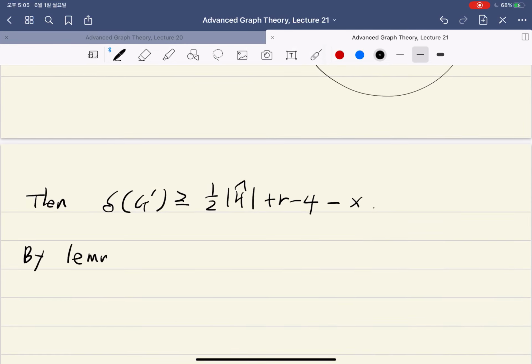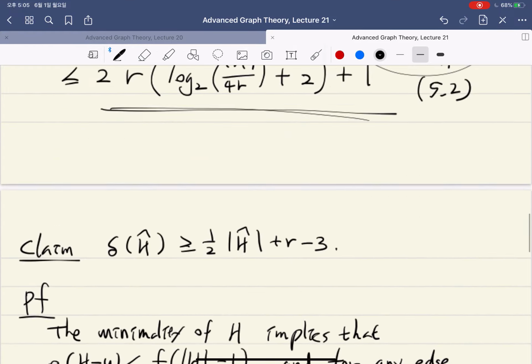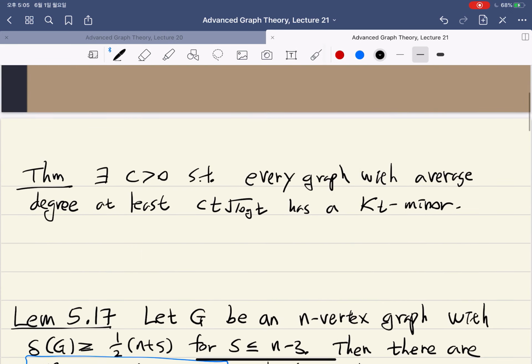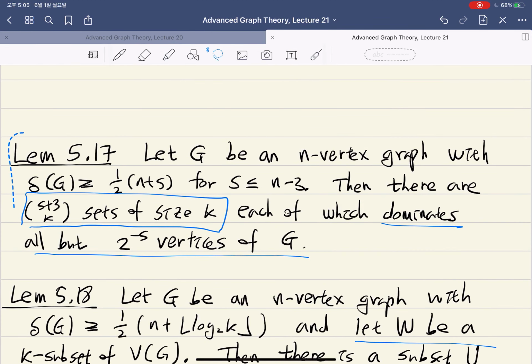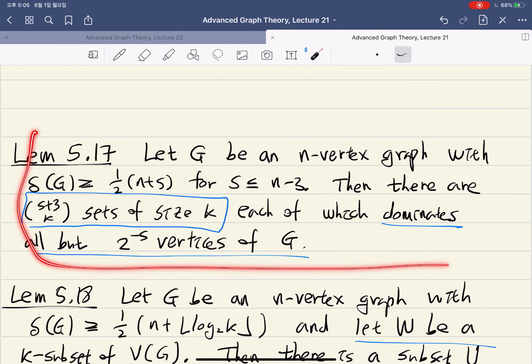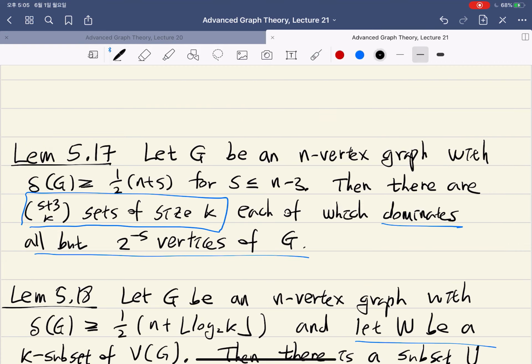So by lemma 5.17, from this lemma, what do we know? We have, so here half times s is r minus 4 minus x is half times x, s.